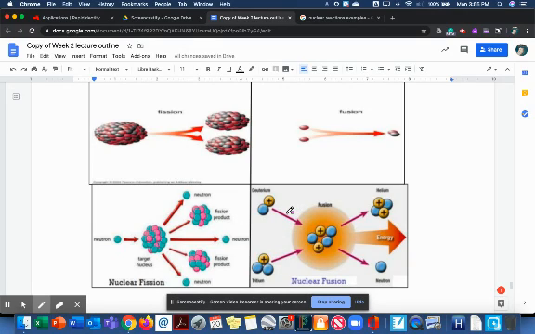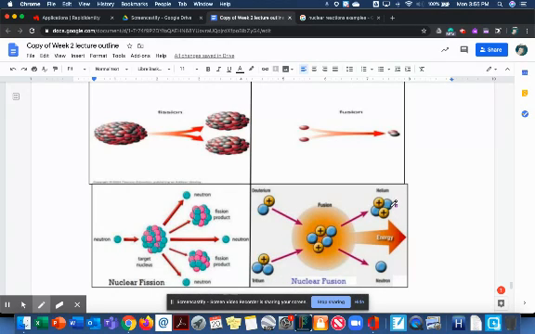Fusion is the opposite. Fusion is when you take smaller isotopes and they come together to make something larger. So in this case, we have these two lighter isotopes of hydrogen, deuterium and tritium, coming together, and they attract each other. They release a neutron plus an isotope of helium. So notice helium is larger than either of the isotopes.